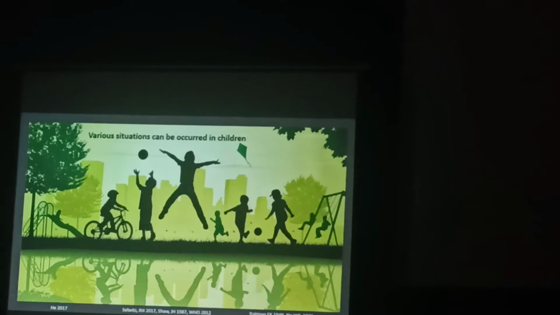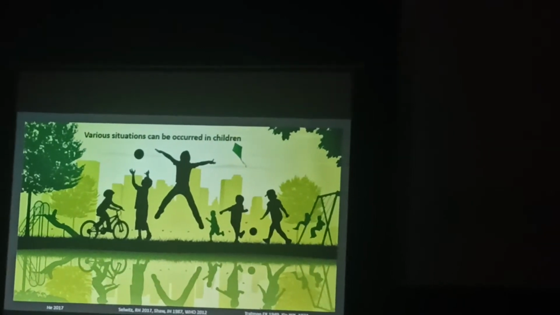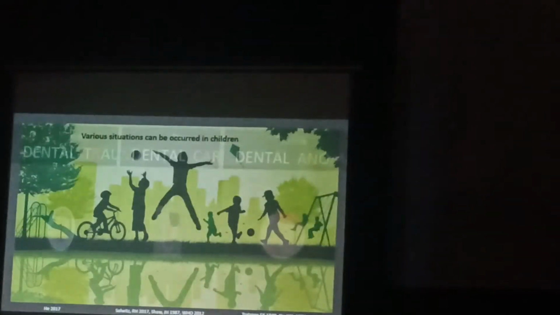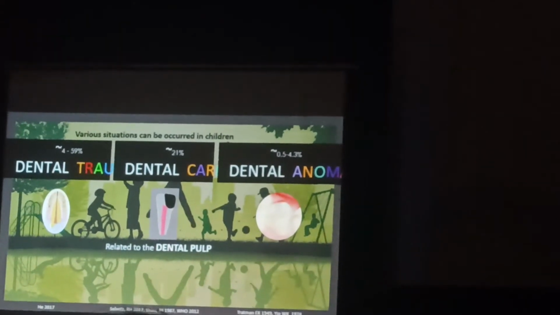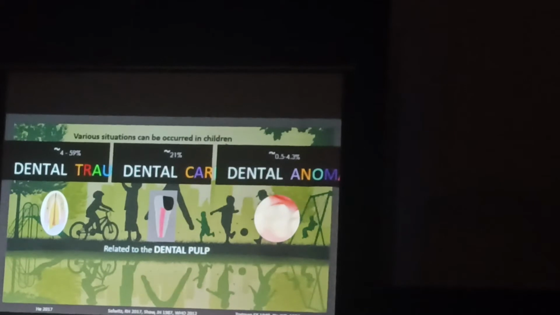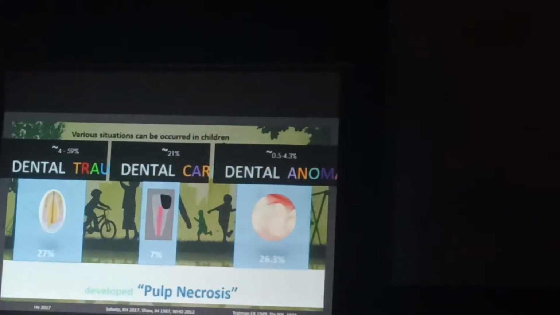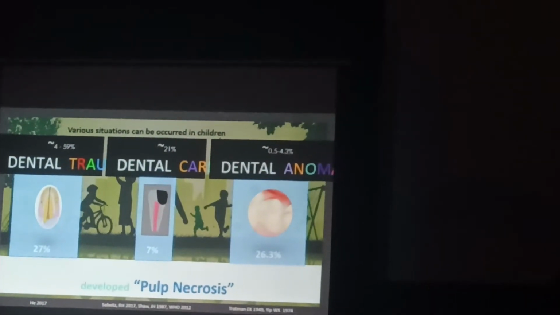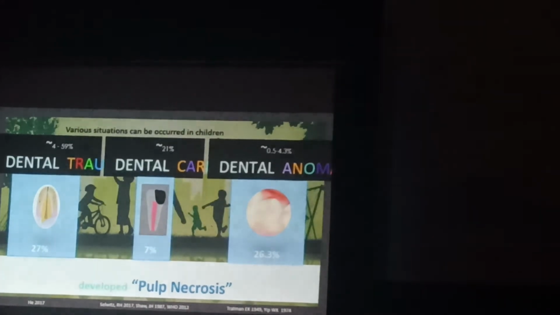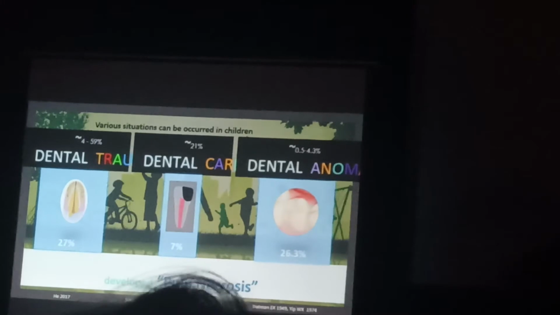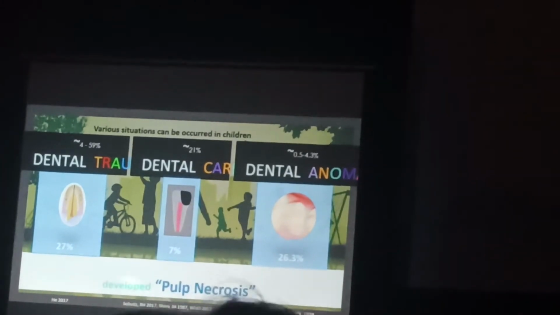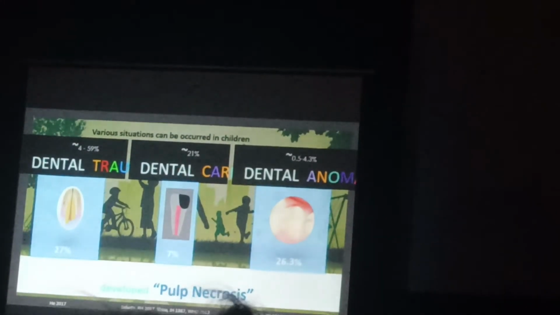To date, there are various situations that can occur in children, including dental trauma, dental caries, and also dental anomalies, which may relate to the dental pulp. All of these can lead to necrotic pulp, and dental anomalies and dental trauma can make the necrosis the worst.